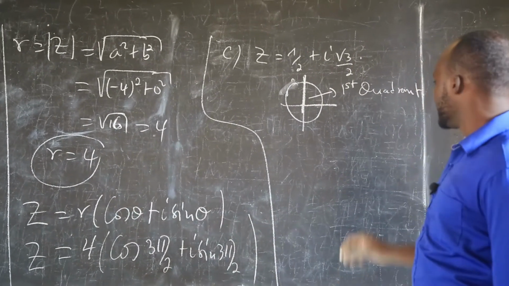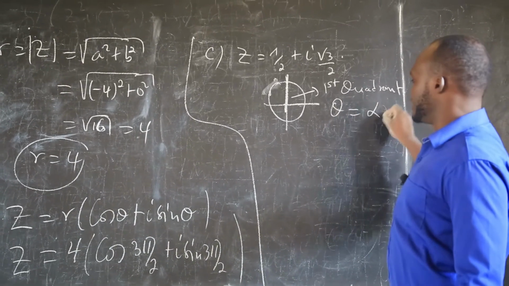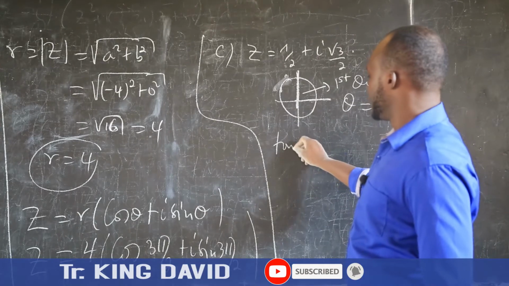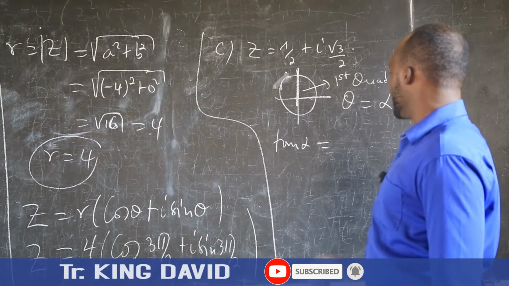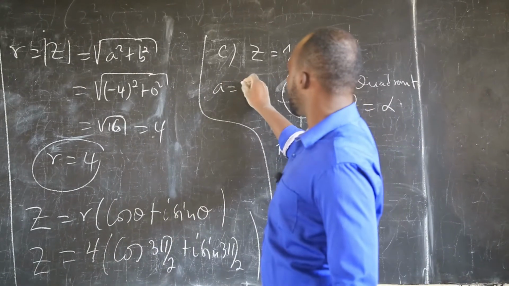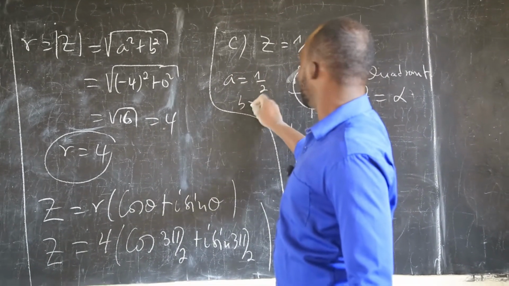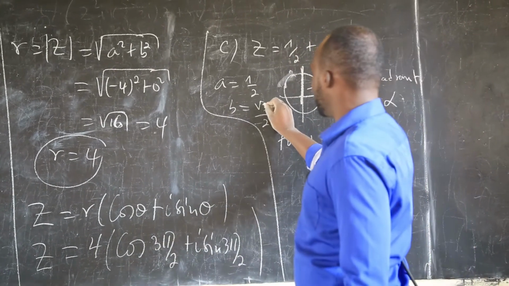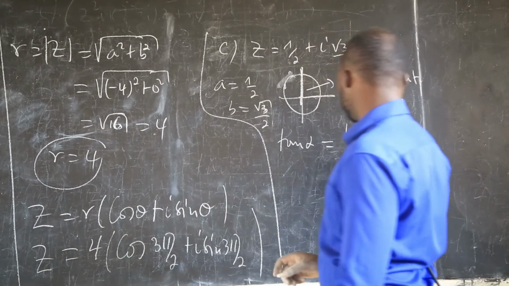In the first quadrant, angle equals alpha, then tan alpha equals B over A. Our A is 1/2 and B equals root 3 over 2.